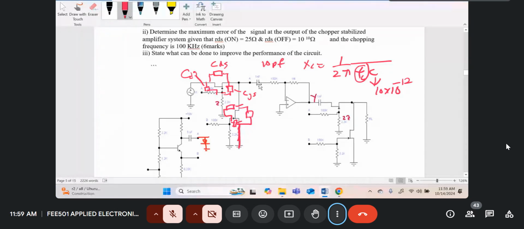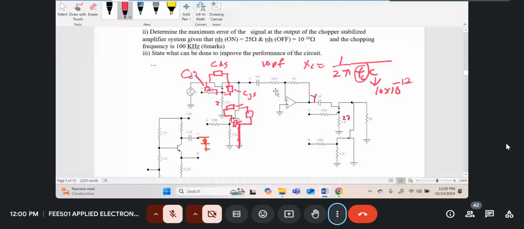But if you put the capacitance in, you forget about the modulator. Now you just ground point A to the ground, compute the error, the signal coming out of the output, which will be a signal due to VIO. Then the gain of the amplifier will be drastically decreased, because the impedance referred to the input circuit, which we call Ri, you combine this 1NF and 100K into one impedance, say Z1.